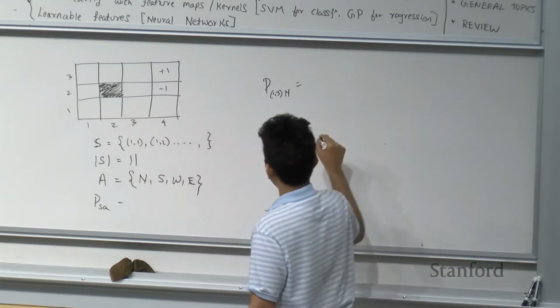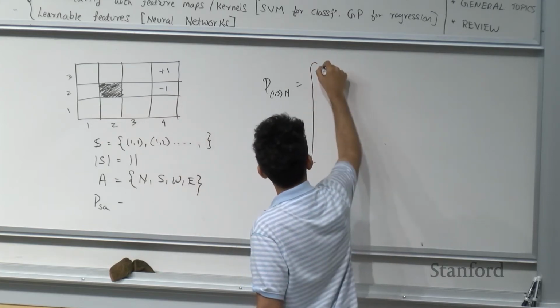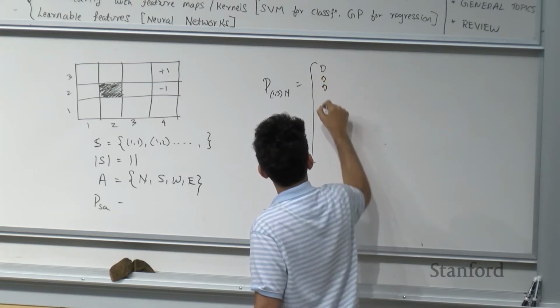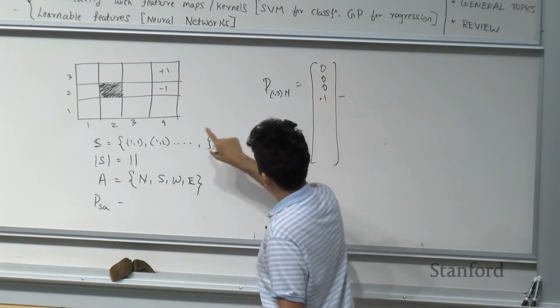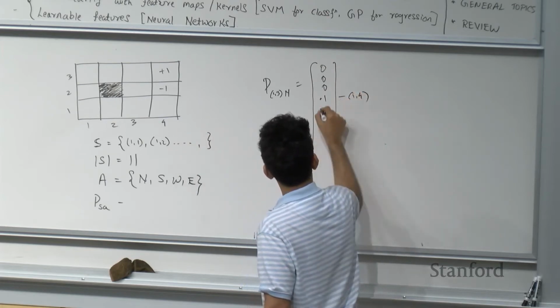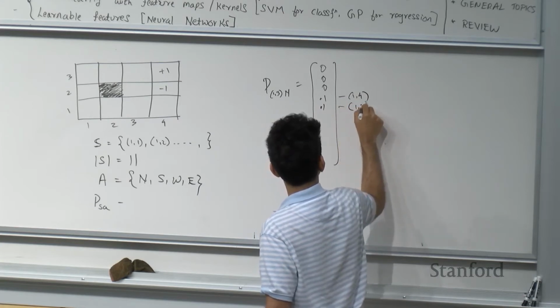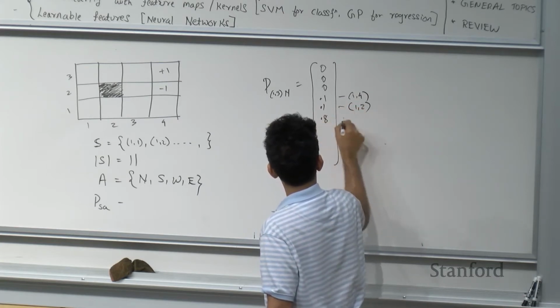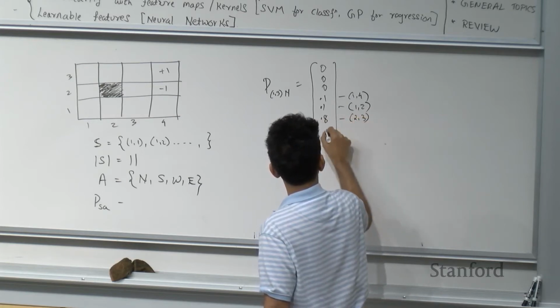So this will be a probability distribution that has zeros everywhere, 0.1 corresponding to the state (1,4), 0.1 corresponding to the state (1,2), 0.8 corresponding to the state (2,3), and zeros everywhere else.